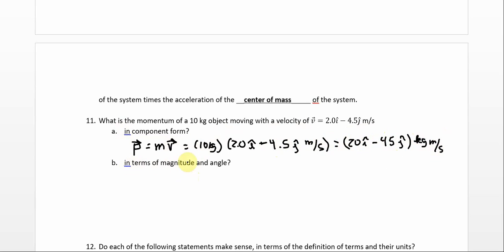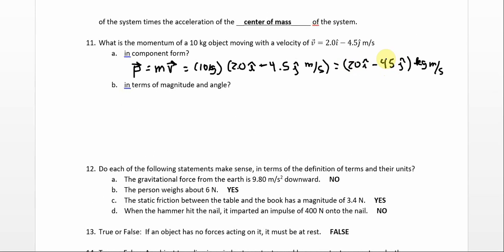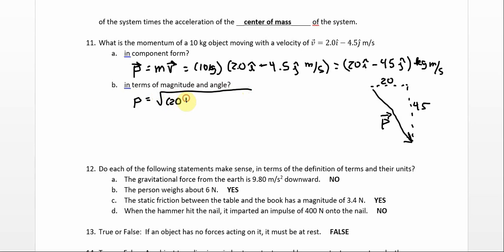Okay, what is it in terms of magnitude and angle now? So this is just some basic vector stuff. We have a vector in component form, 20 to the right and then 45 down. So something like this. That's our p vector. So first of all, the magnitude of p will be the square root of 20 kilogram meters per second squared plus 45 kilogram meters per second squared.